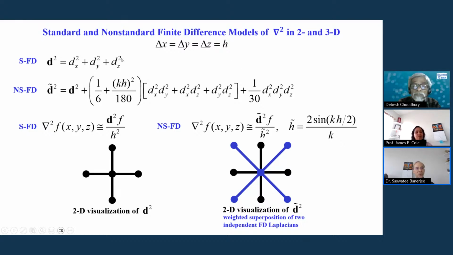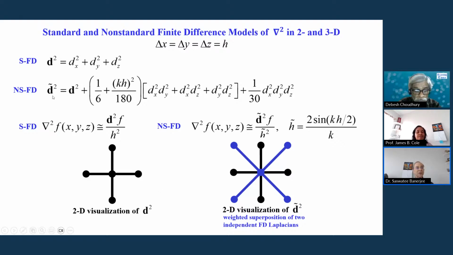So again, I'm not going to go into those details, but suffice it to say, in 2D we use all the grid points on a square around this. This is where we want to compute the derivative, the Laplacian, I should say. And we use the information on the diagonals. We're using more information and getting a better approximation.